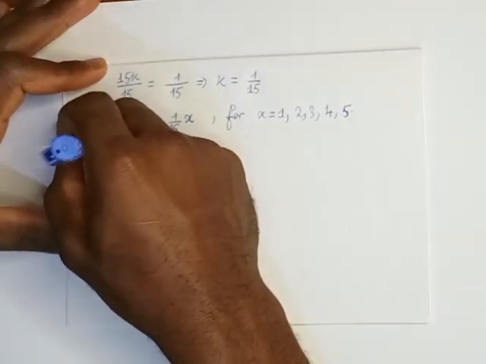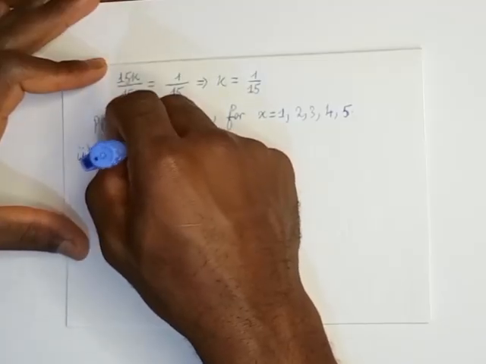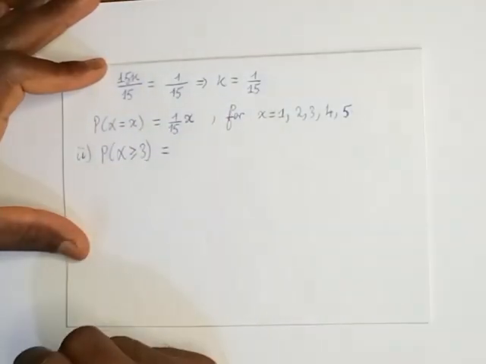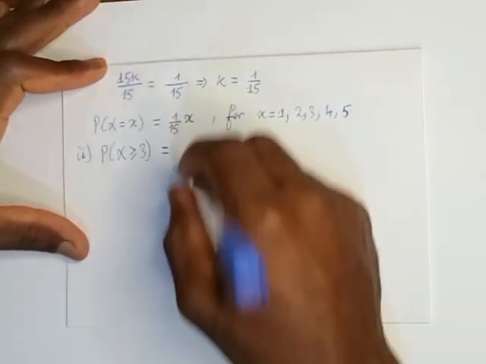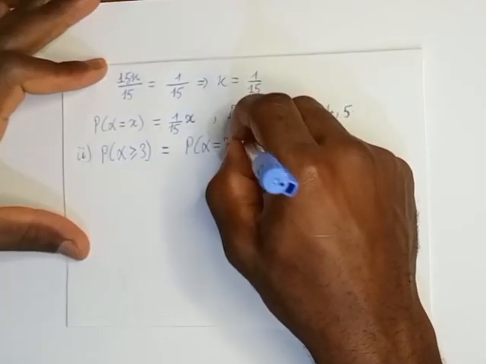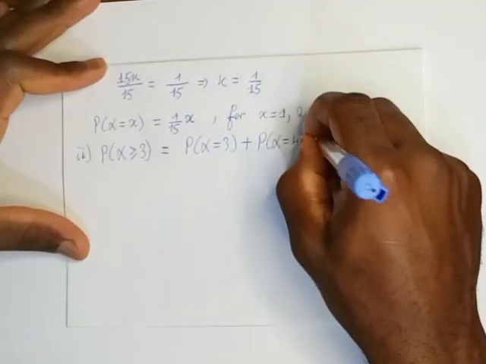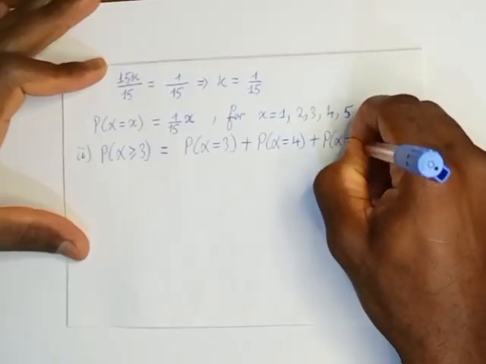Move now to question 2(i). We have to find P(X ≥ 3). We take integer values from 3 right up to 5: P(X = 3) + P(X = 4) + P(X = 5).